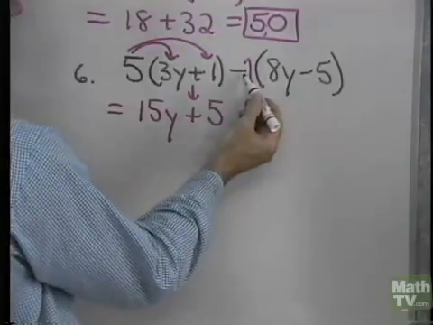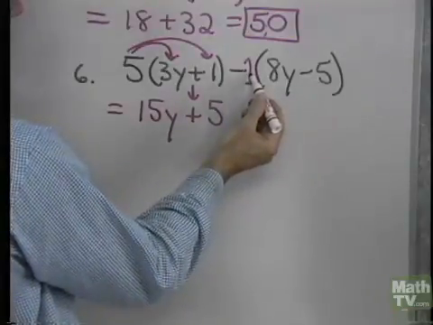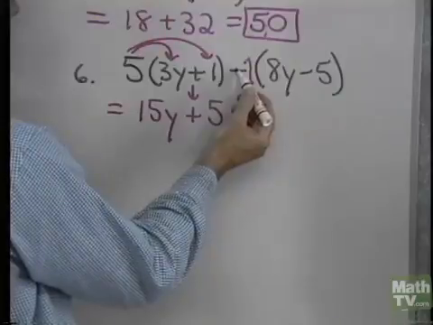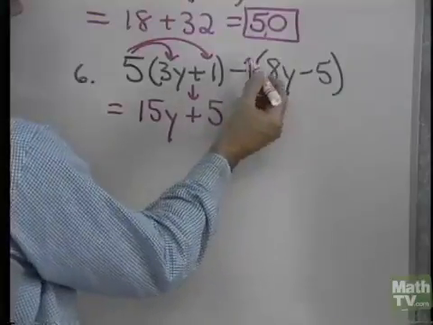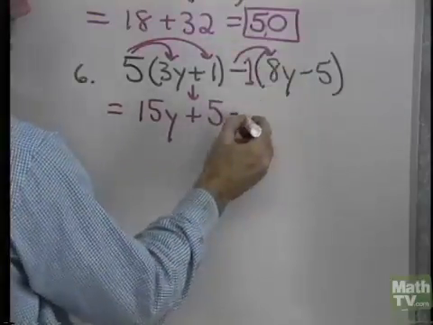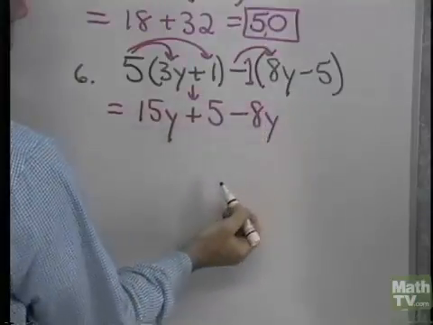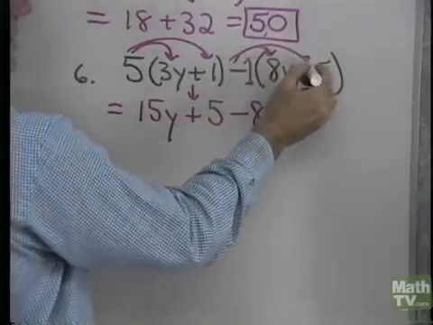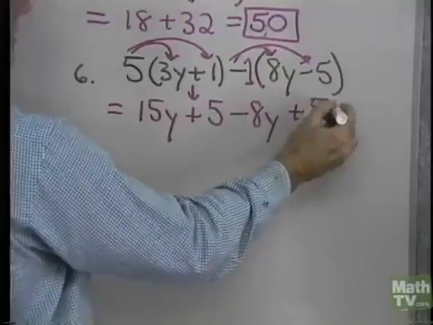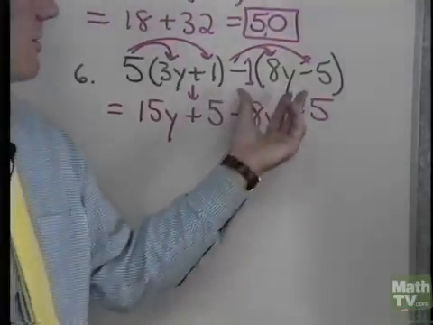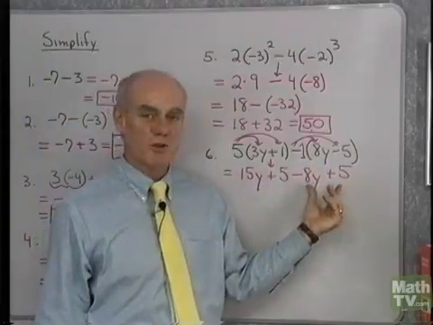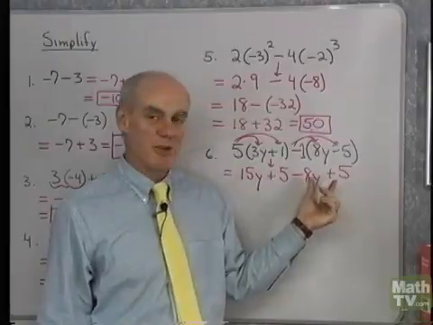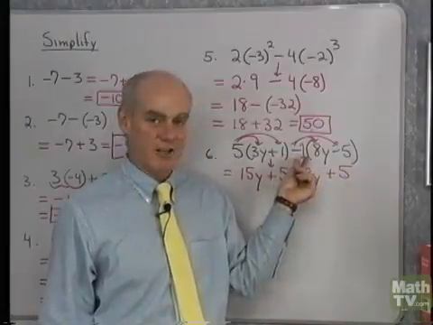So now when I multiply, I'm going to take the subtraction sign with the 1, because I'm thinking that subtraction is addition of the opposite. So negative 1 times 8y will be minus 8y. Negative 1 times negative 5, positive 5. Now there's other ways to simplify this part right here, but this is the most direct way. And it's legal too, because we're thinking of subtraction as addition of the opposite.